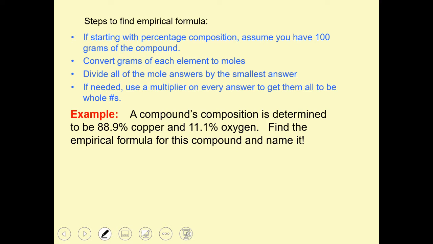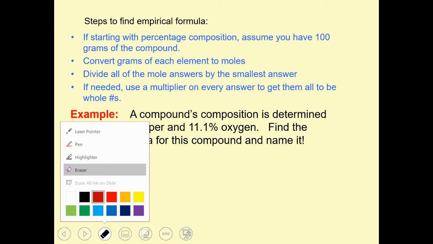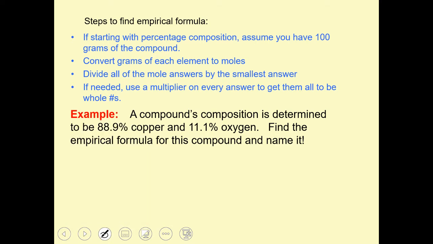If it is 88.9% copper by mass, that means that I have 88.9 grams of copper if I have 100 grams of this compound. And that means that I have 11.1 grams of oxygen because remember, percent composition is a mass ratio.